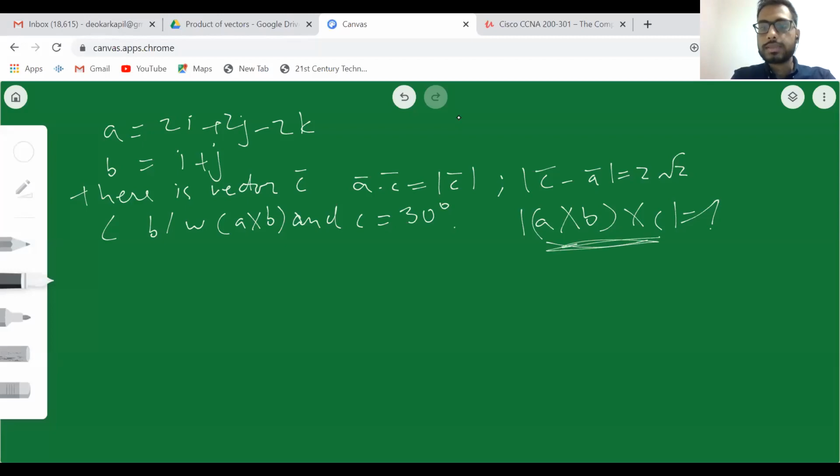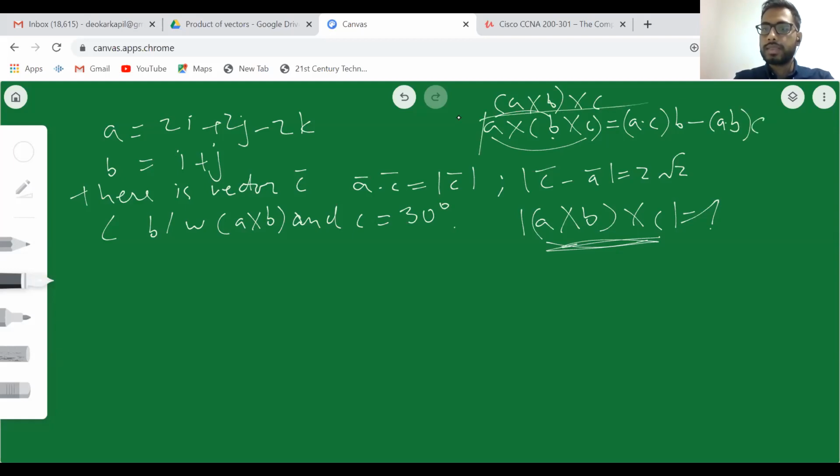So first of all, what is this term, A cross B cross C? This is your vector triple product. First you need to know the value of this term, or how to solve this kind of question. If this is given to you, the formula for A cross B cross C is A dot C multiplied with B. First take the extreme terms, A dot C, multiplied with this term, then take this and this, so minus A dot B multiplied with the third term.